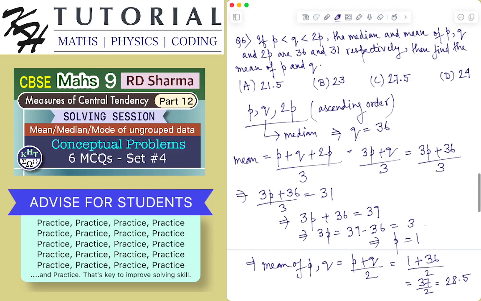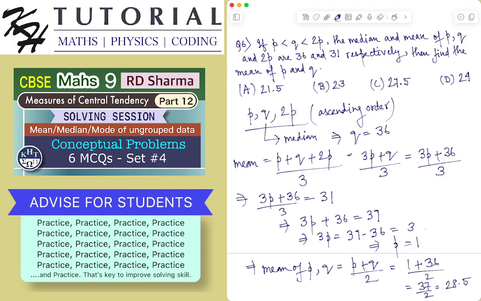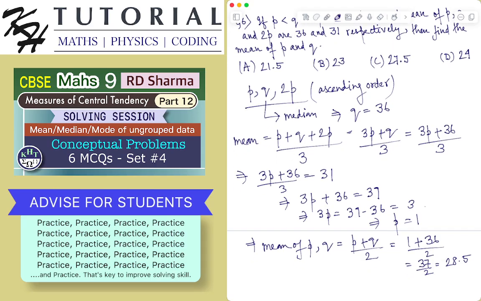Also the mean is given to be 31. So we must have (3P plus 36) by 3 equals 31. This implies 3P plus 36 is equal to, this is not 39, this is 93. Okay.